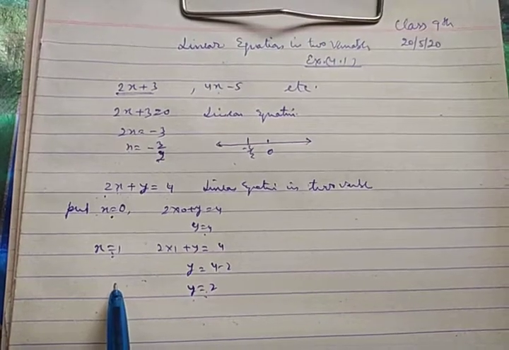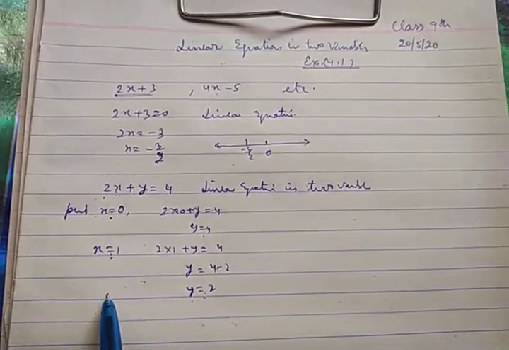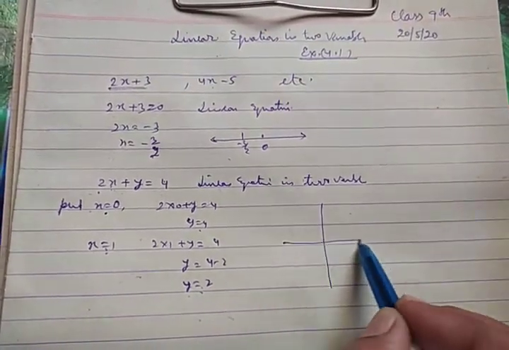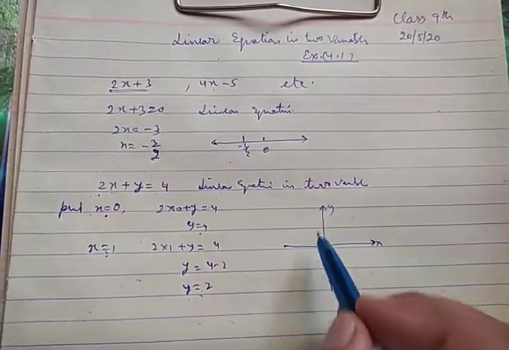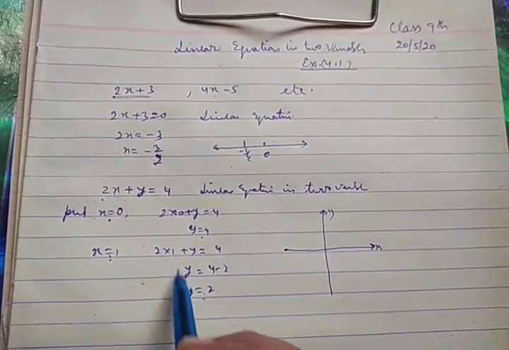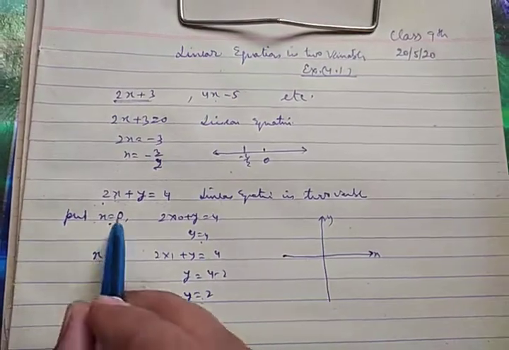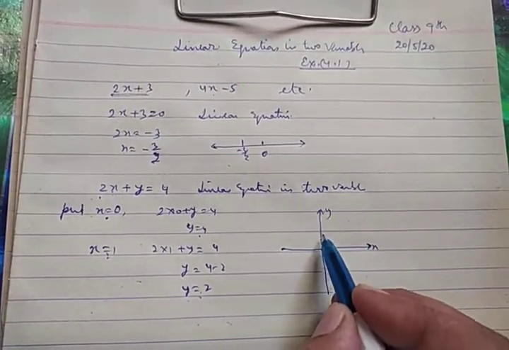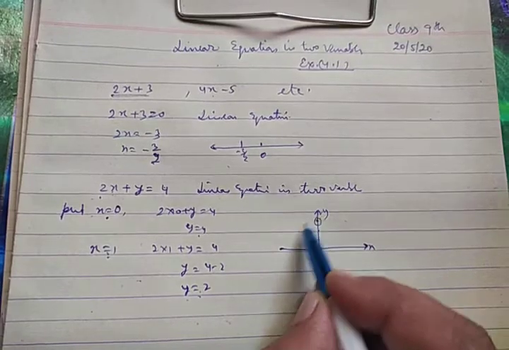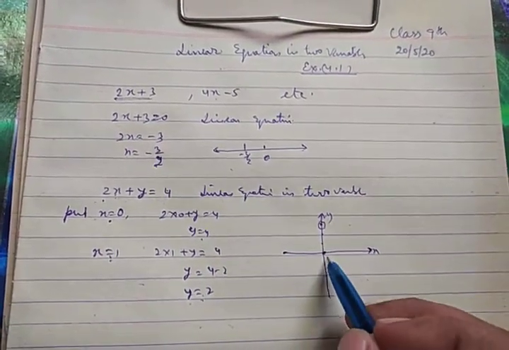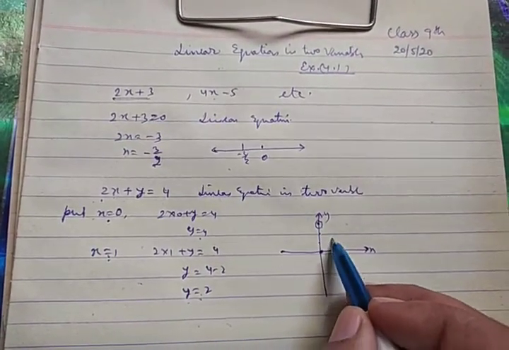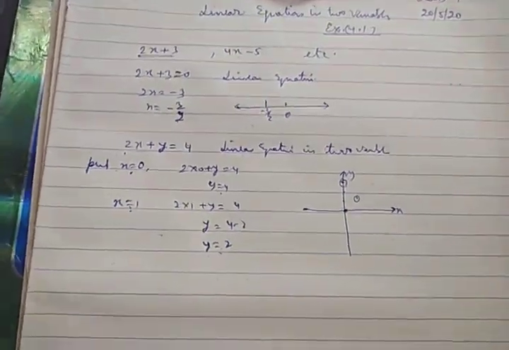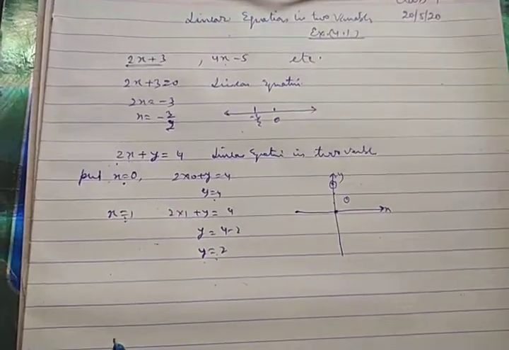In the previous chapter, coordinate geometry, we discussed the measurement of two quantities simultaneously. You draw the x-axis and y-axis, and the solution will be plotted here. (0, 4) means x would be 0 and y would be 4, somewhere here. In the same manner, (1, 2): x is 1, y is 2. On the graph it could be plotted properly, but for the sake of understanding I am telling you.